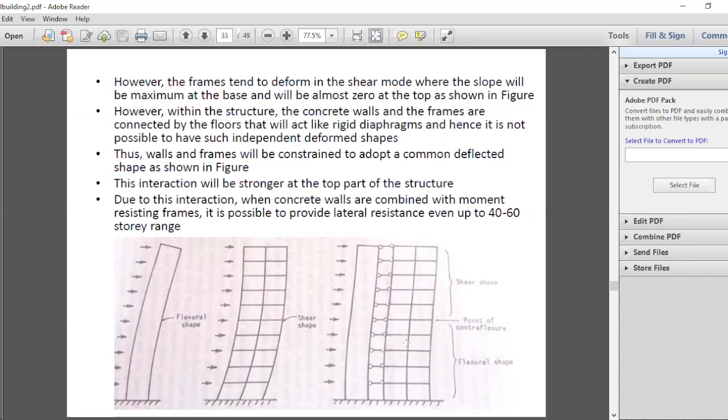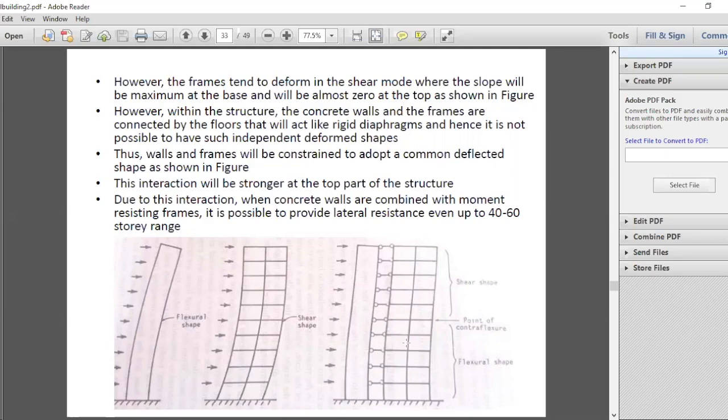Therefore, there's no chance for the frame to deform and collapse in an uncontrollable manner. And because the deformation of the frame is controlled by the wall, the frame can be designed as a braced frame.